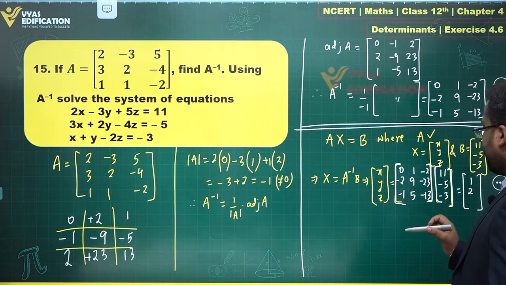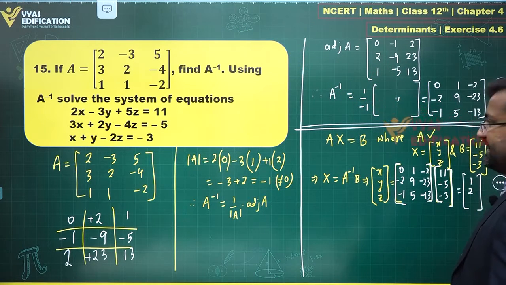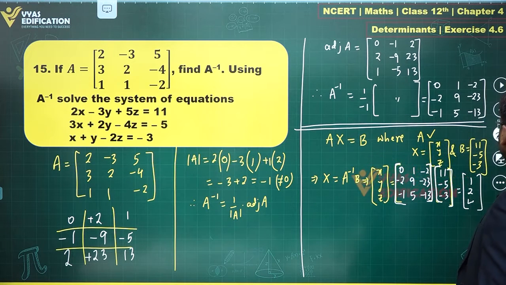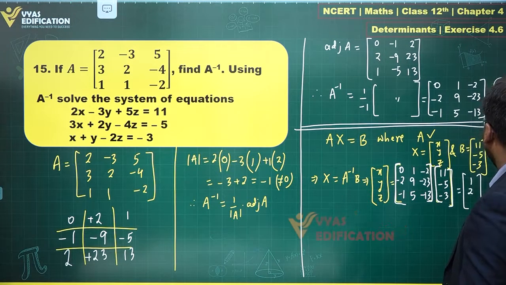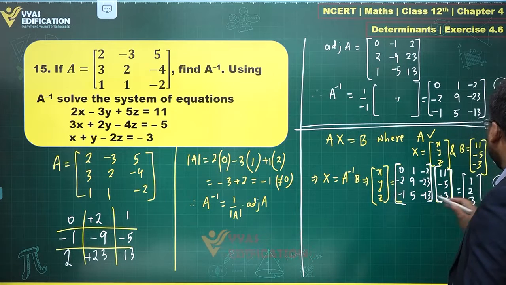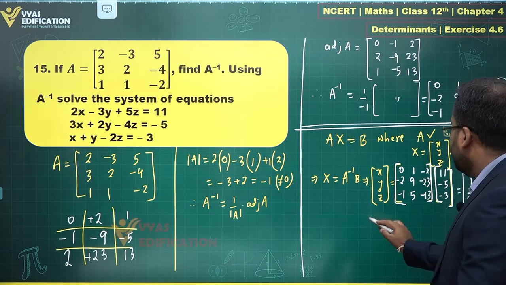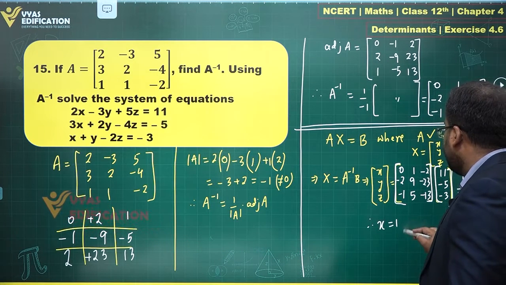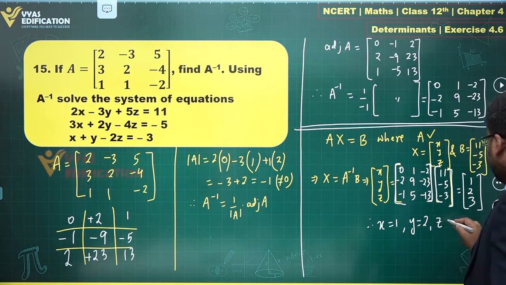Minus 11, minus 25 is minus 36, and 39. 39 minus 36 is 3, right? Therefore, x equals 1, y equals 2, z equals 3, okay.